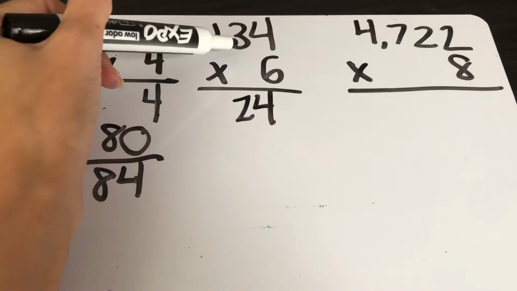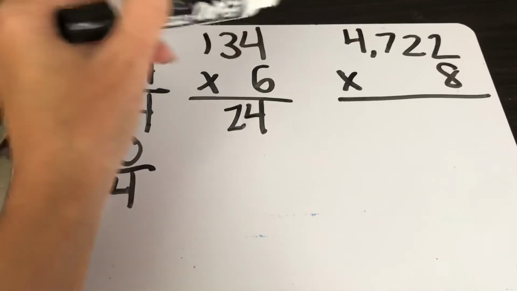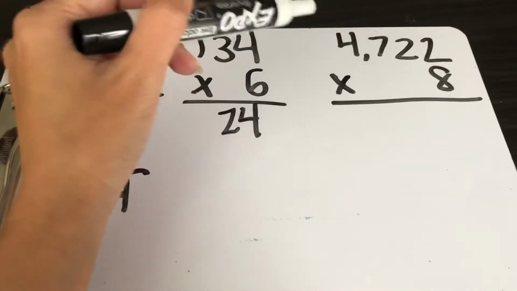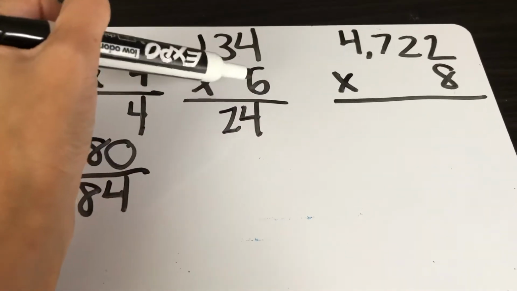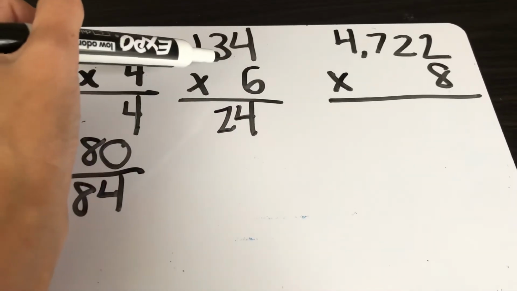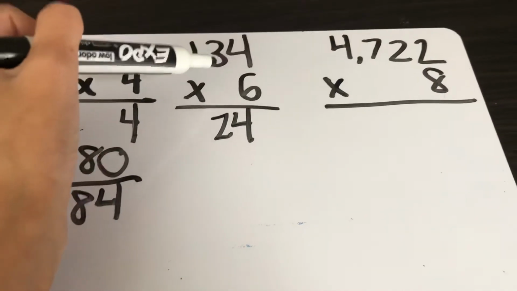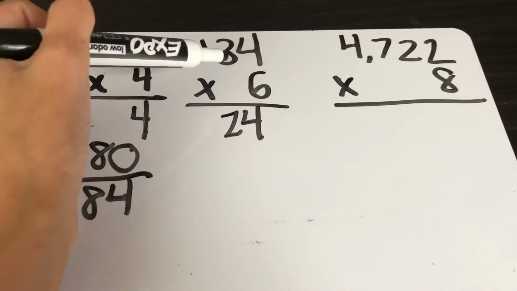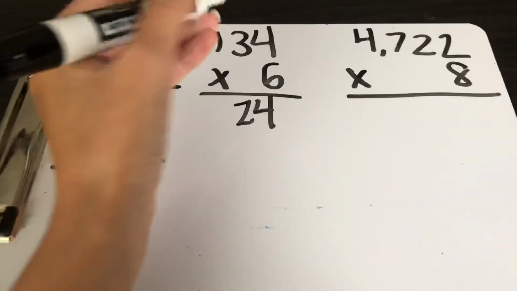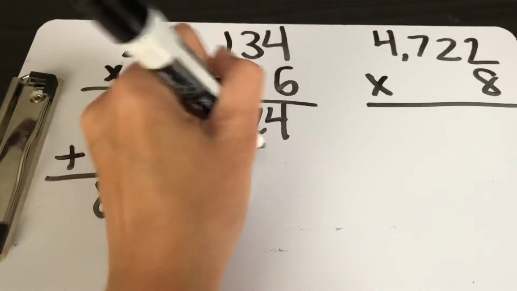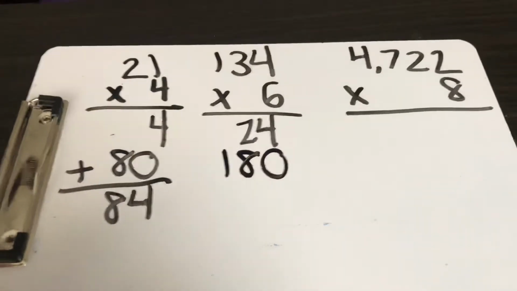What I like to tell the kids is on the side or on a scrap piece of paper, write down what 6 times 3 is, and then you would just go ahead and add a 0 for the 30. So 6 times 3 would be 18, and then add a 0 since it's 6 times 30, and that would give us 180.